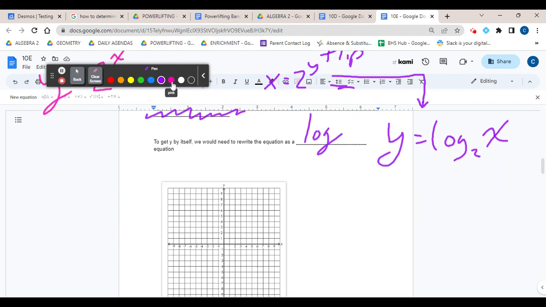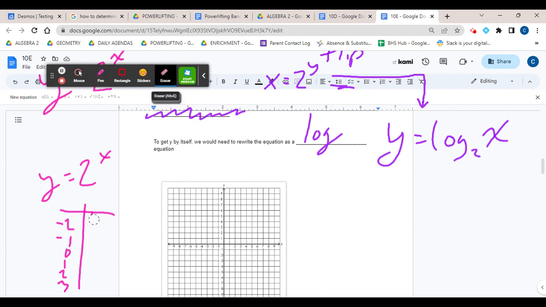Okay. So coming back to our original one here, we had y equals 2 to the x power. All right, so we had our points -2, -1, 0, 1, 2, 3. So we had -2, 1/4.